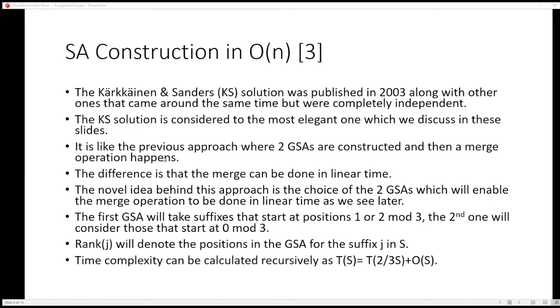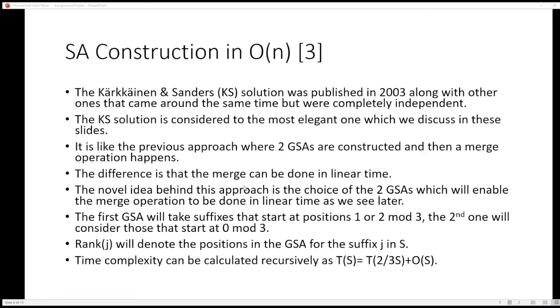In 2003, multiple algorithms aiming to construct the suffix array in linear time were published. One of them is called the Kärkkäinen and Sanders solution. This one is considered to be the most elegant one out of those that came out at the same time. Like the previous approach, it constructs two generalized suffix arrays, and then a merge operation happens.